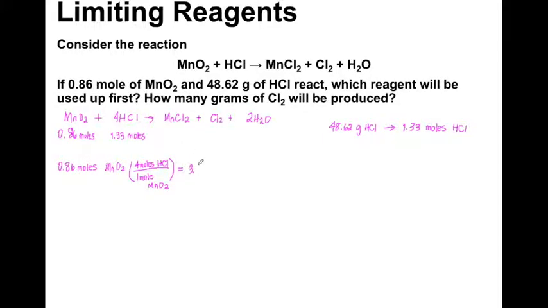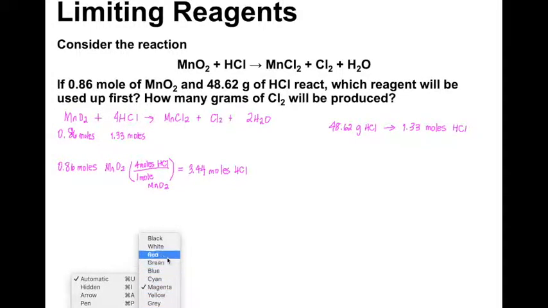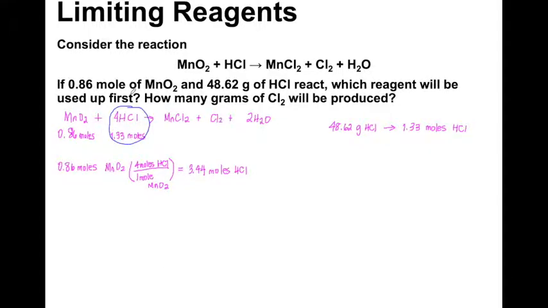This will give me 3.44 moles of HCl. If I use 0.86 moles of manganese dioxide, I need 3.44 moles of hydrochloric acid for the amounts to be stoichiometric. But I only have 1.33 moles of hydrochloric acid. Therefore, our limiting reagent is hydrochloric acid. I hope you got that.